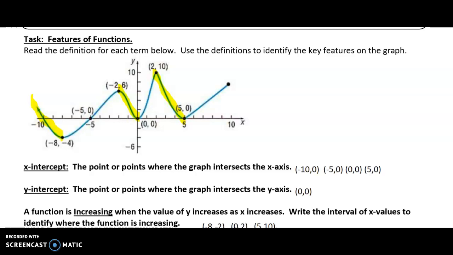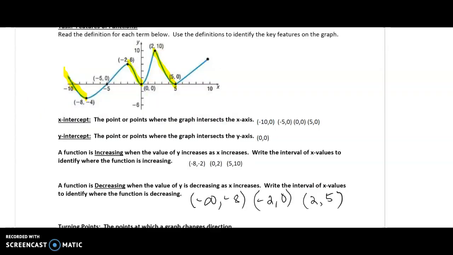So let's see if you can write the interval over which this function decreases. All right, so over the interval negative infinity to negative 8, negative 2 to 0, and then from 2 to 5. These are the intervals in which the function is decreasing.